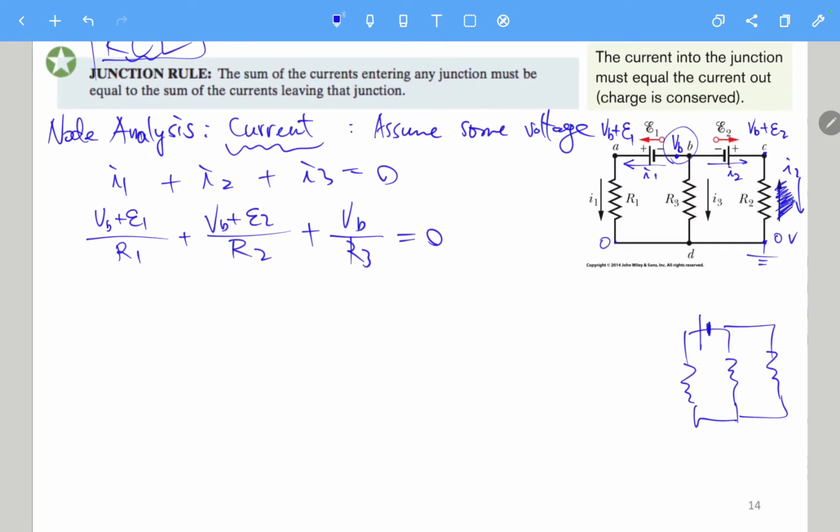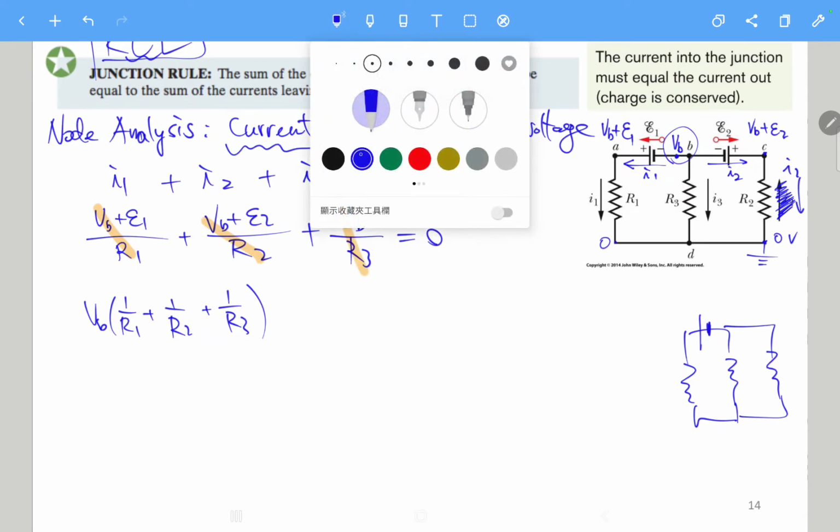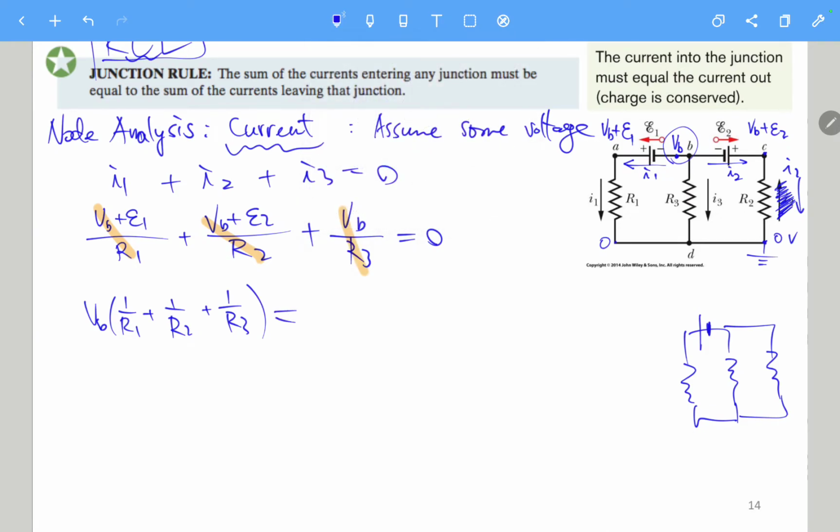Okay, and then you can try to collect the terms. We have VB times 1 over R1 plus 1 over R2 plus 1 over R3, and that equals negative E1 over R1 plus E2 over R2.